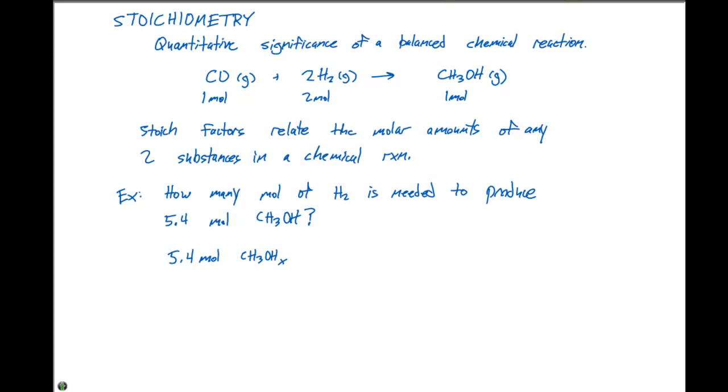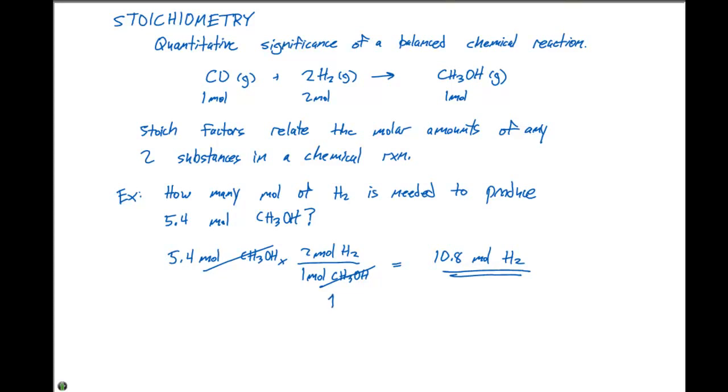So if we have 5.4 moles of CH3OH, we now need to go back up and look at the coefficients in the balanced chemical equation. And like we said, stoichiometric factors relate the molar amounts of any two substances in a chemical reaction. So for every 1 mole of CH3OH that is produced, we are going to need to consume 2 moles of H2. So the moles of CH3OH cancel, and this is going to give us 10.8 moles of H2.